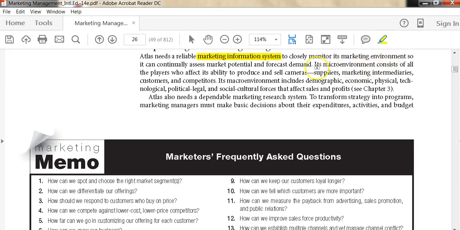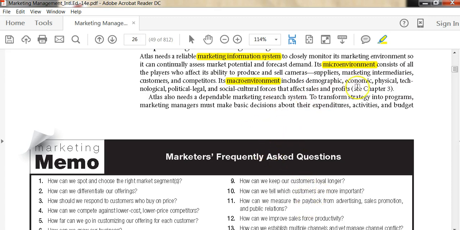We can have two types of environment: our micro environment and our macro environment. In the micro environment, we work with our suppliers, intermediaries, customers and competitors, and see what the opportunity is. By analyzing them, we see what is happening in the market and what opportunity there is for us in our future.